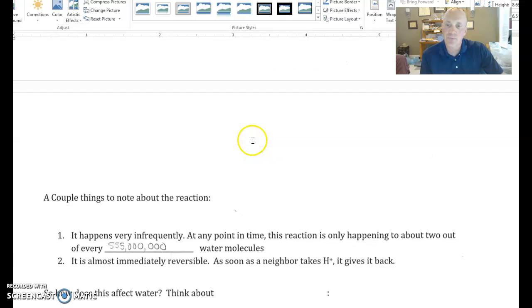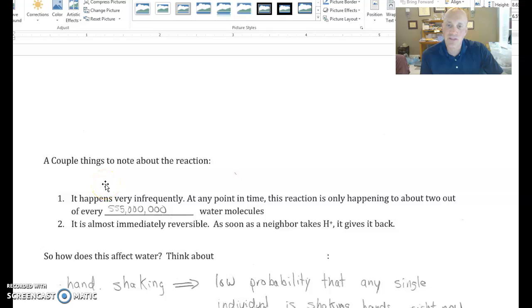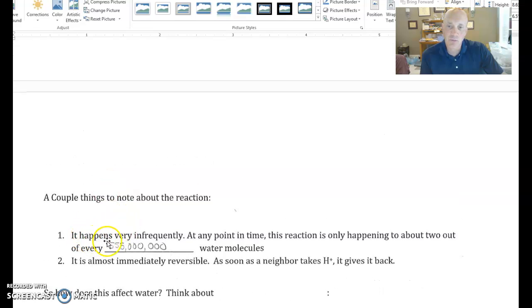So again, a couple things about this reaction. It happens very infrequently. At any given point in time, this reaction is happening to only about 2 out of every 550 million water molecules. Secondly, it's almost immediately reversible.